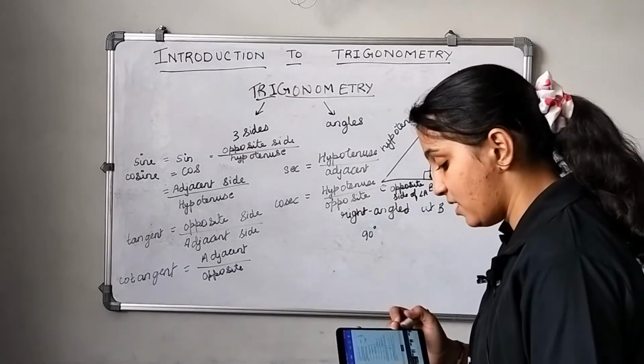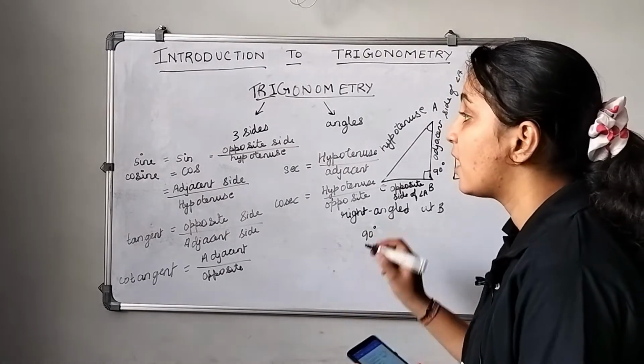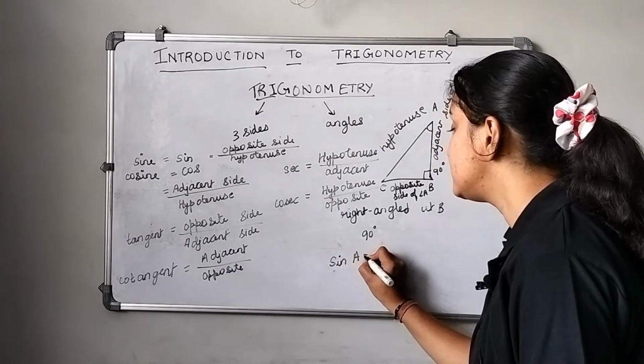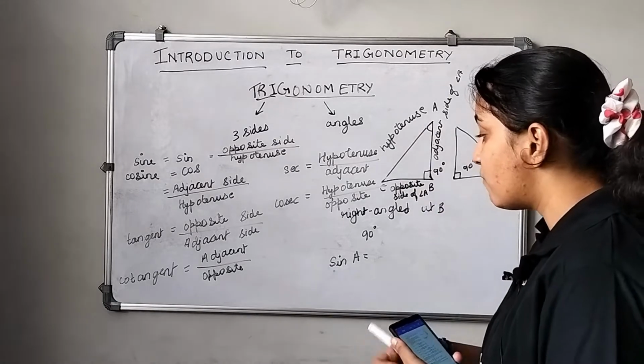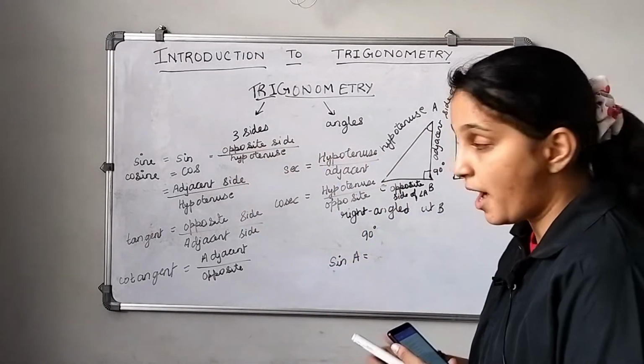Now, if I want to find sine of angle A, what does the definition of sine say? Opposite side upon hypotenuse.